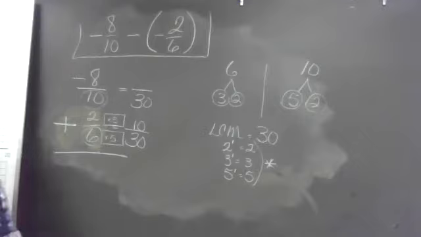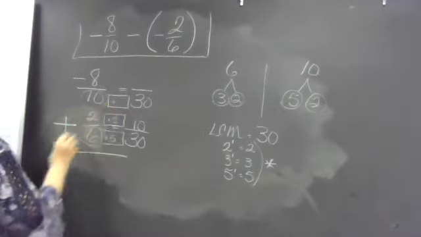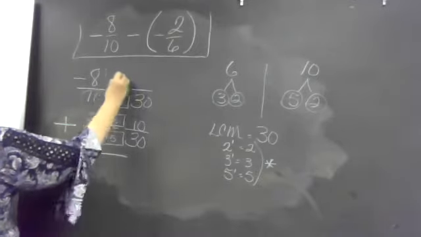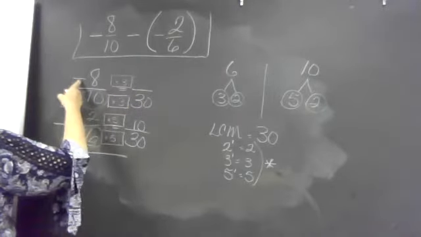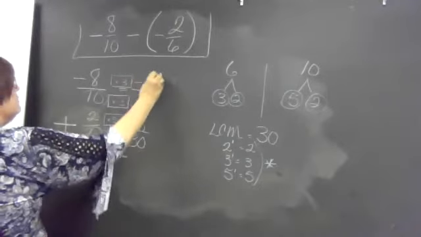So we have 10 30ths there. I had to multiply by 3. And so I multiply by 3 here. And I get, remember, pull the sign with it, negative 24.